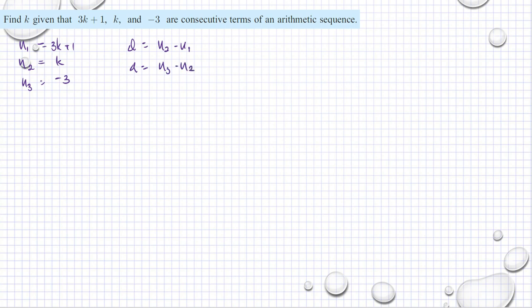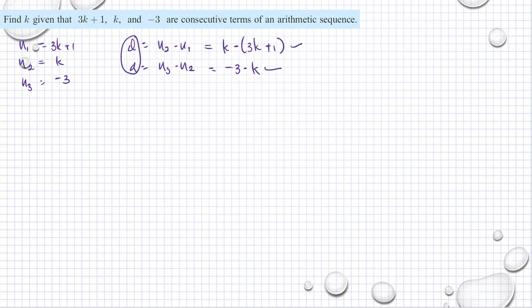So u sub 2 is k minus 3k plus 1, and this one is negative 3 minus k. So they are equal, so I can equate these values.